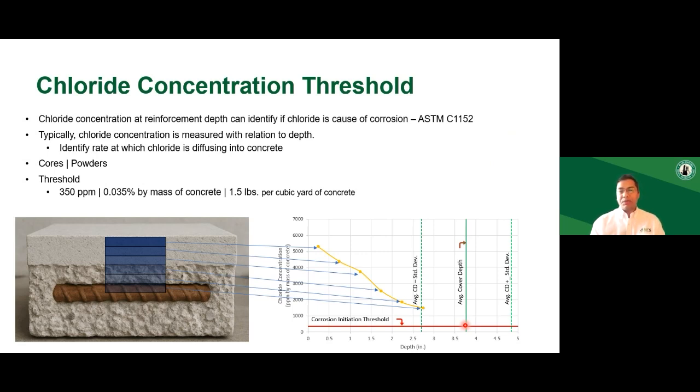For our modeling or testing purposes, we use that concentration to be 350 ppm by mass of concrete, or 1.5 pounds per cubic yard of concrete. That's essentially what we use as a baseline. So the way you read this data is, if your chloride content at the rebar depth is above the threshold, then your rebar or steel reinforcing is at risk of chloride-induced corrosion.